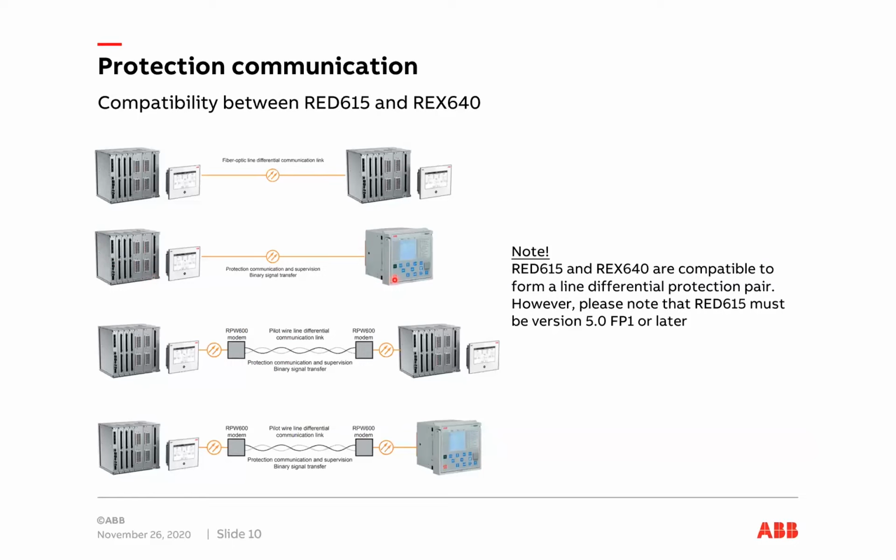What is important to note here is that the RED 615 must have a software version later than 5.0 FP1. This applies also when using the RPV 600 modems for the pilot wire approach. So it is also possible to have REX communicating with RED relay.